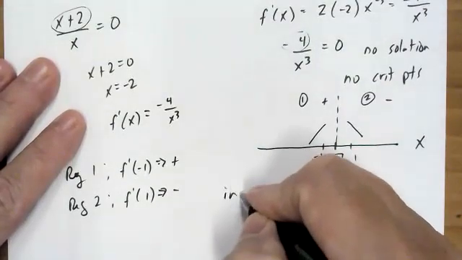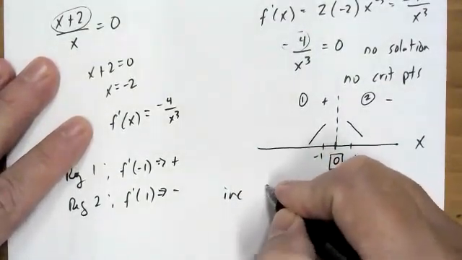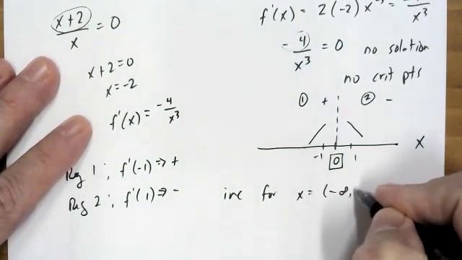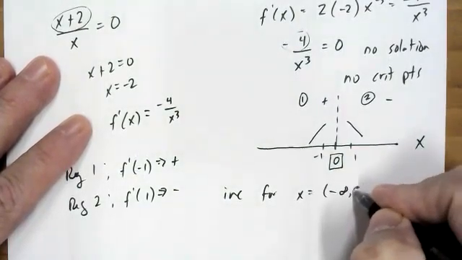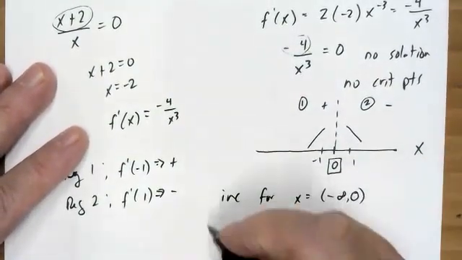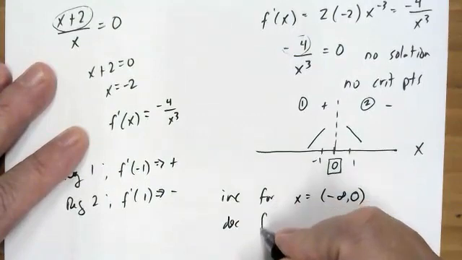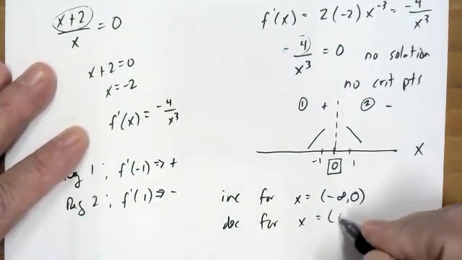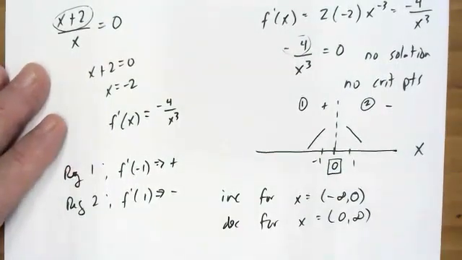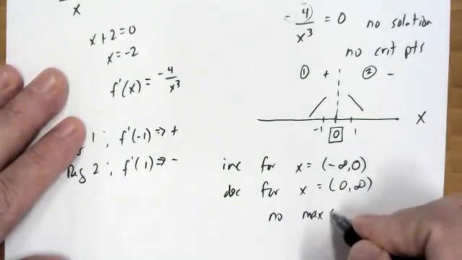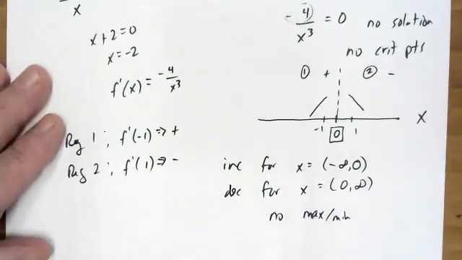So to answer my questions: increasing for x from negative infinity to 0. So I go from here to my vertical asymptote, and it's decreasing for x from 0 to positive infinity. And there are no maxes or mins.